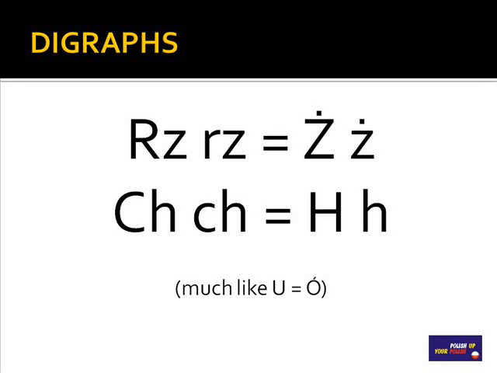On the other hand, there's one little issue with this R and Z digraph, because in certain words, there are not that many of them, maybe not even 1% of words, and I'm going to talk about the exceptions later, they are pronounced without making this a digraph sound. So R and Z are pronounced separately.